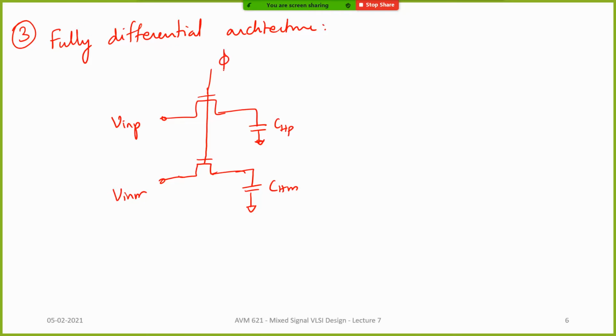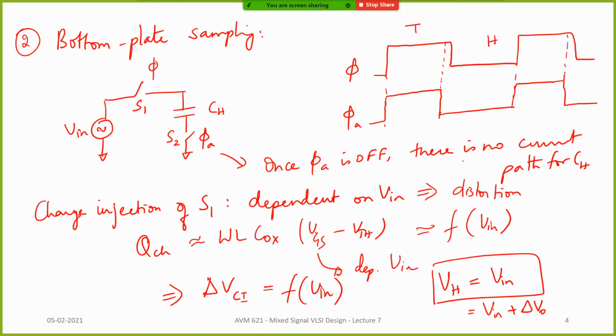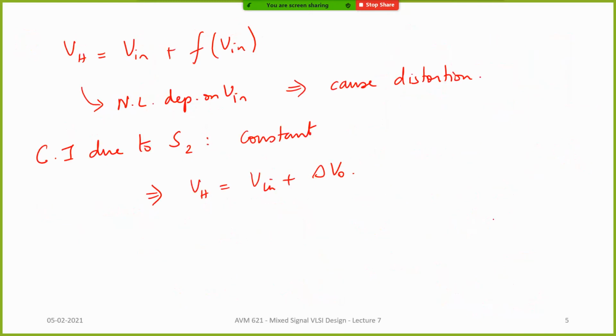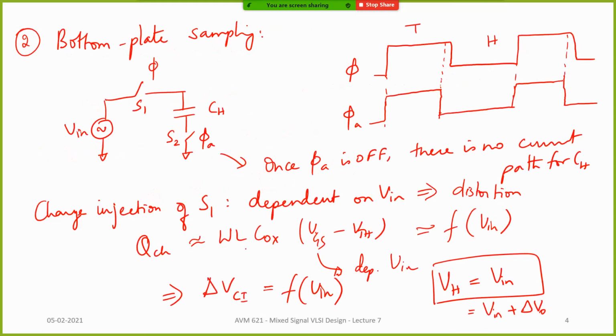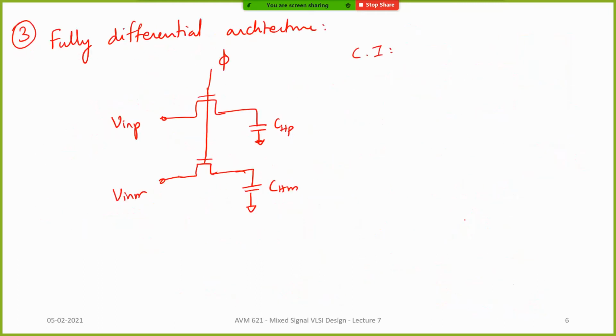Now, what is the advantage of using a fully differential architecture? First of all, the charge injection problem. As long as you use a gate booster, the problem that we described of charge injection of S1 being dependent on Vin probably is not so much an issue, because in gate boosted or bootstrap switches the VGS is constant. Or even if you use the concept of bottom plate sampling, you can use bottom plate sampling in this architecture also.